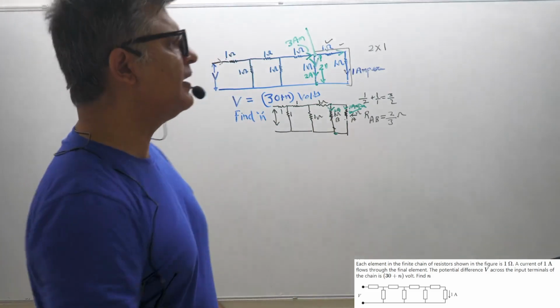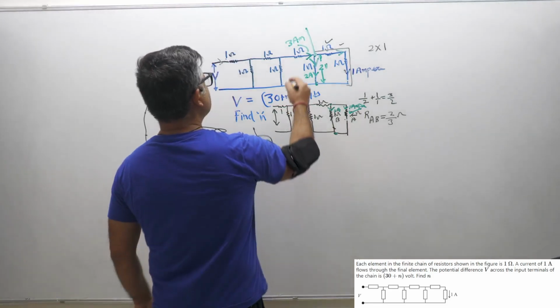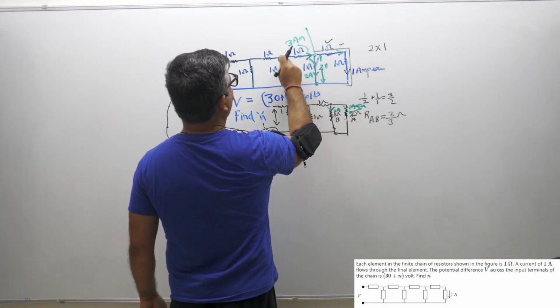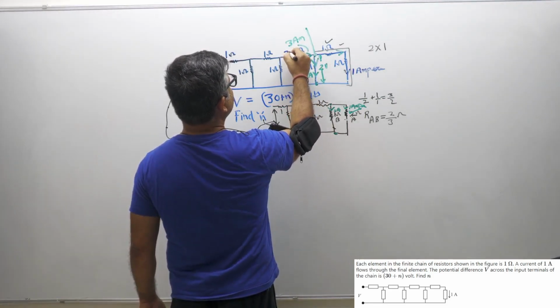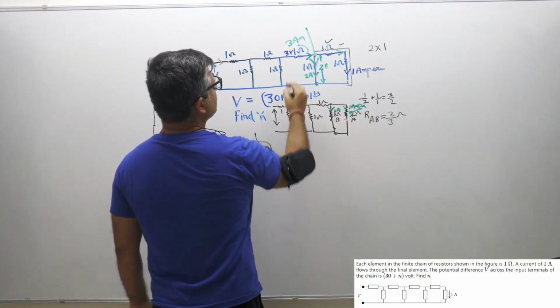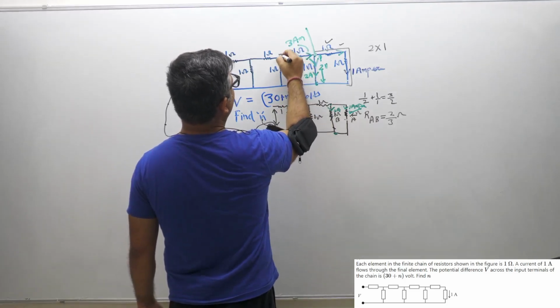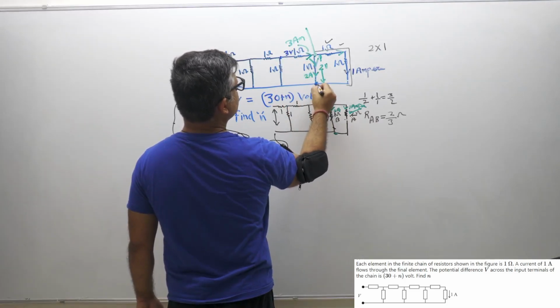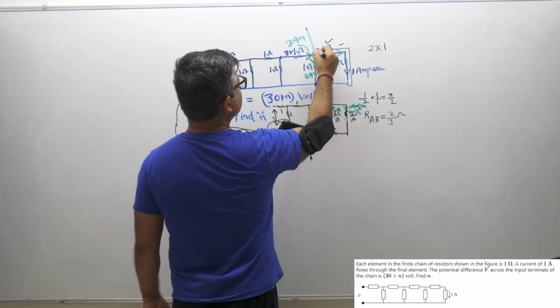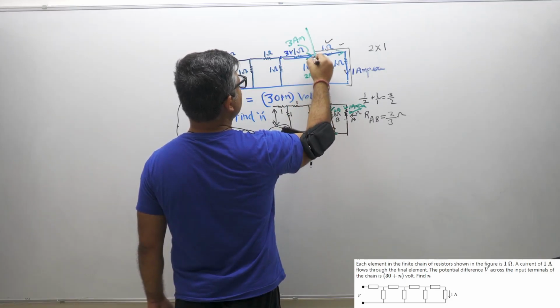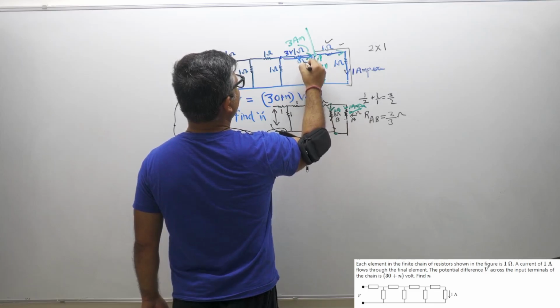If this is 3 amperes, what is the potential drop? It is 3 volts. So what is the total potential drop from this point to this point? 3 volts plus 2 volts, so this is your 5 volts.